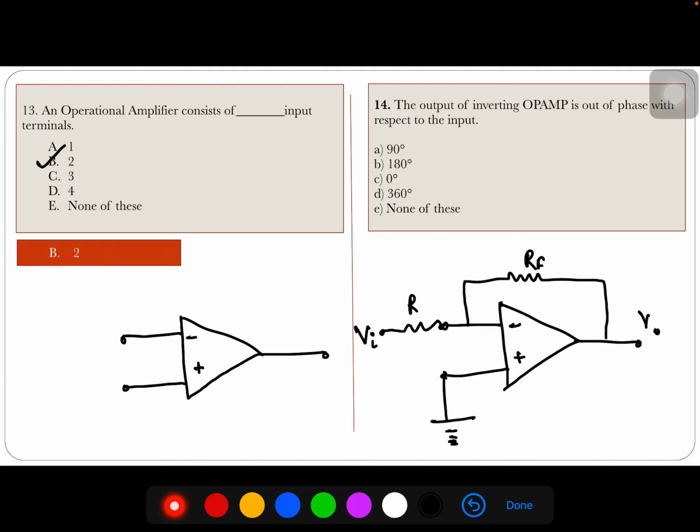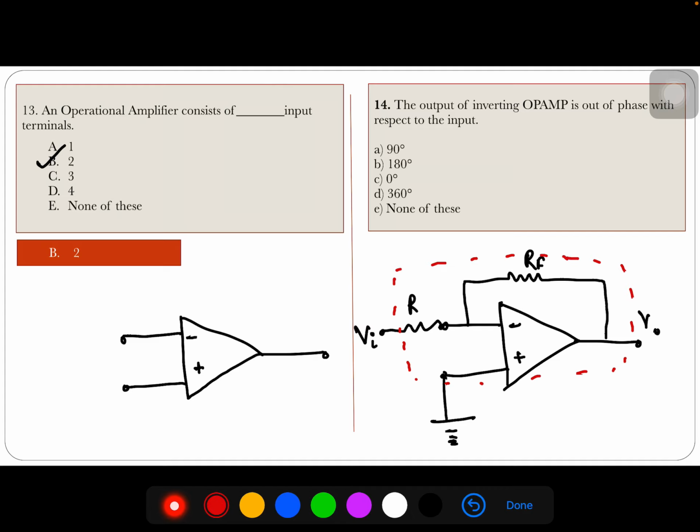If it would have been non-inverting, then the only difference would have been that you will be applying the input voltage on the non-inverting terminal and grounding the inverting terminal. The feedback will remain as it is, the position of the series resistance will remain as it is, everything will remain as it is.